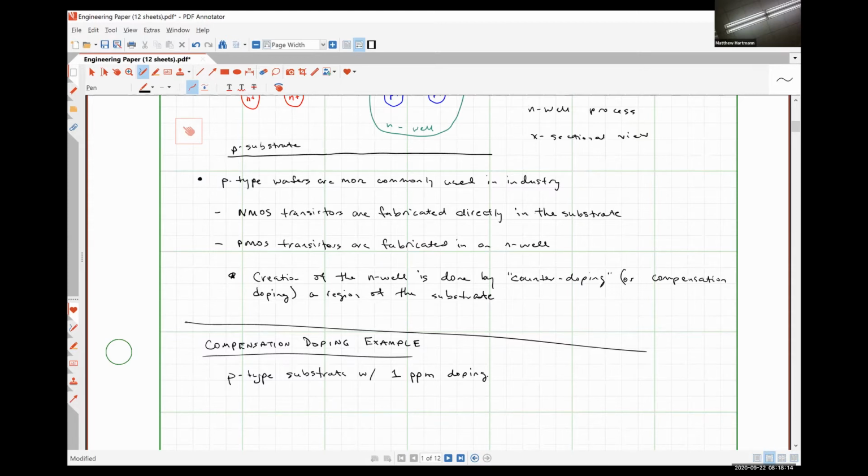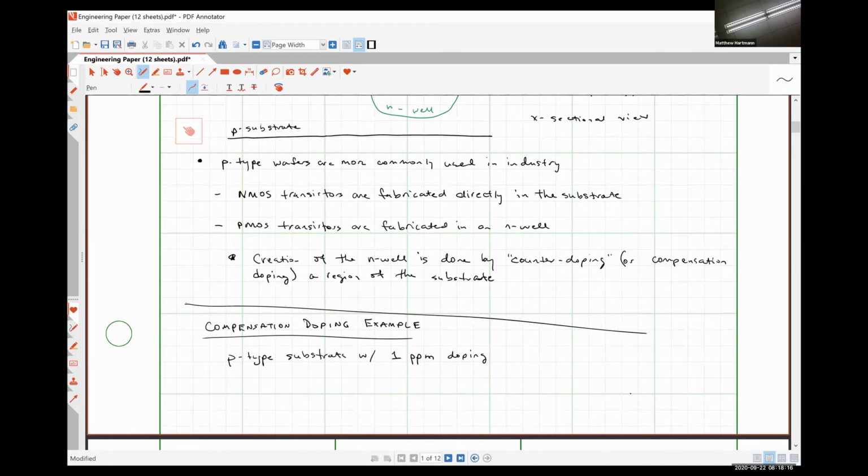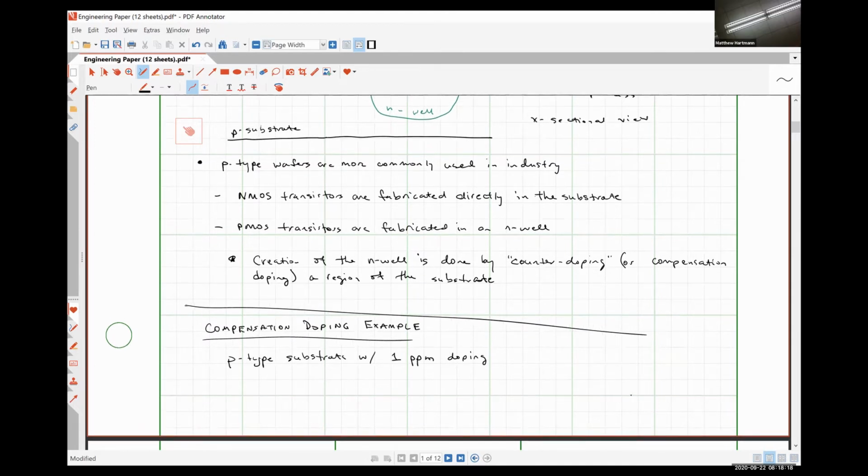There is roughly, I think, 5 times 10 to the 22 silicon atoms per cubic centimeter. Don't quote me on that, but it's somewhere pretty close. It's between 1 times 10 to the 22 and 1 times 10 to the 23, if my memory serves me correctly, so this is a pretty good middle ground.